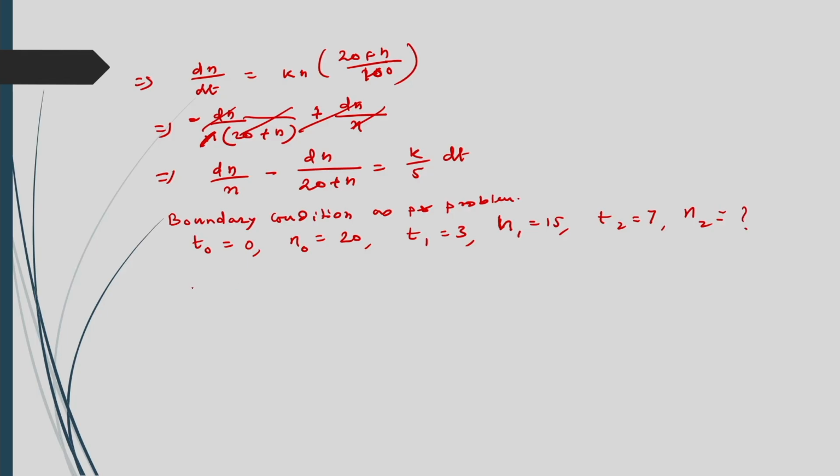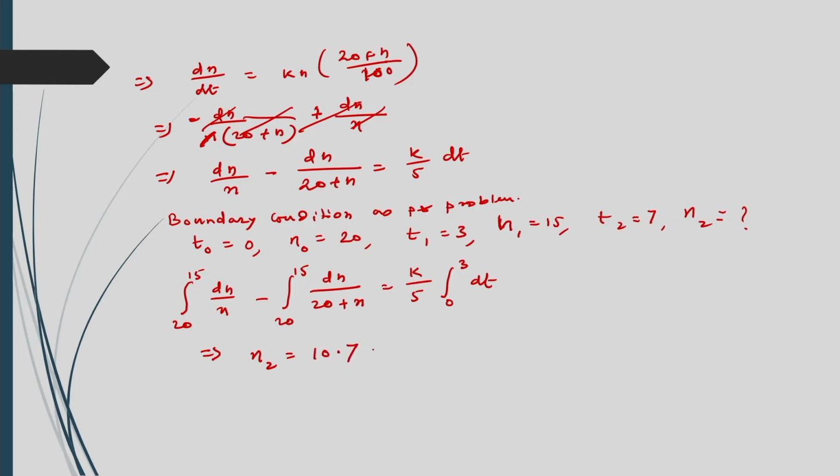So, if we do this integration within the limits of 20 to 15 as per the boundary condition, we can write the integral of dN by N minus the integral of dN by (20 plus N), equal to k by 5 times the integral of dt from 0 to 3, which gives k equal to minus 0.257.